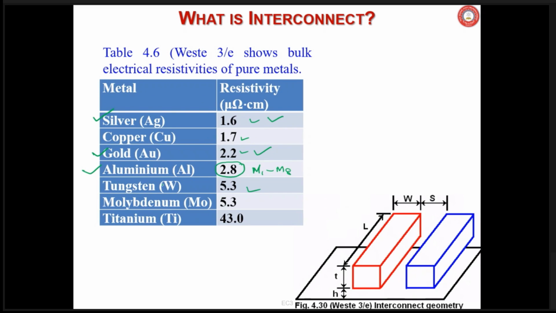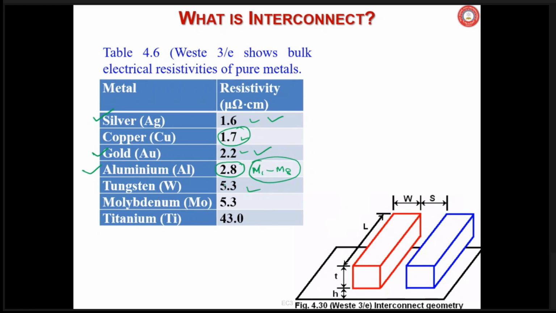Aluminum is used, metal 1 to metal 8 or 10. You will find that it is aluminum, not even copper. Why not copper? That has to be understood. Copper has less resistivity compared to aluminum, still aluminum is used, not copper.